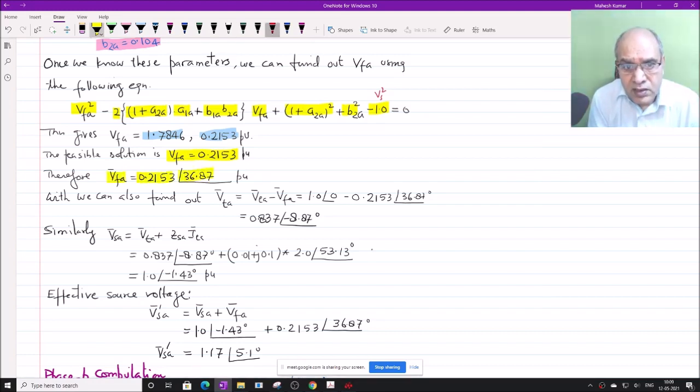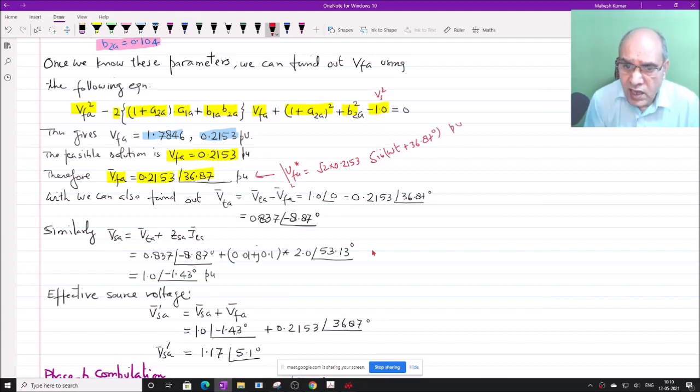In time domain, this is given as a reference for VFA star for the control algorithm as root 2 into 0.2153 sine (omega t plus 36.87 degree) per unit.